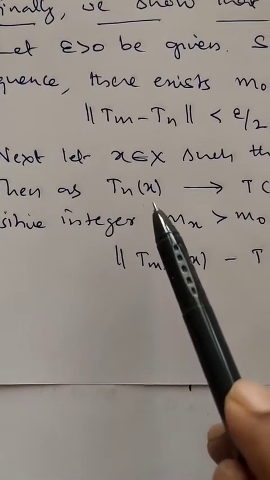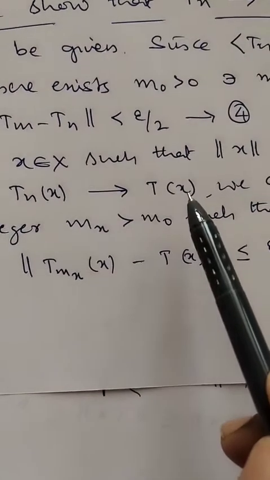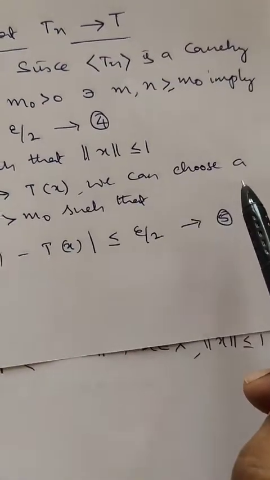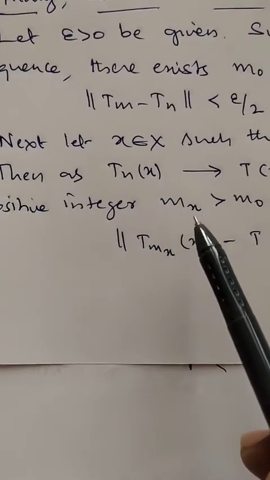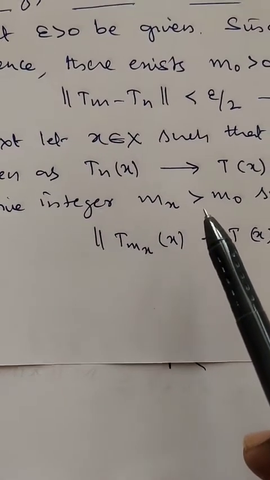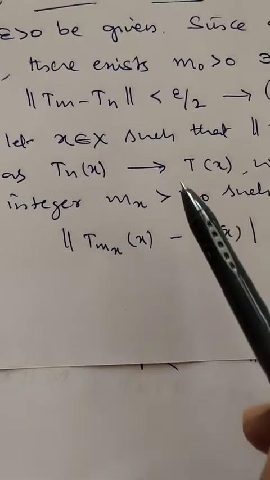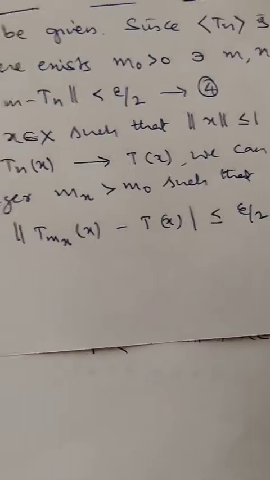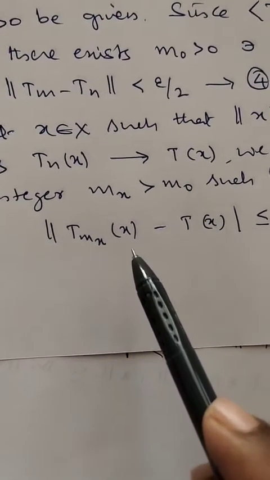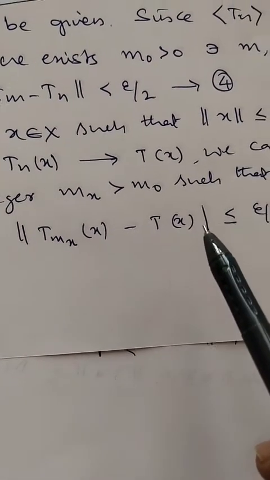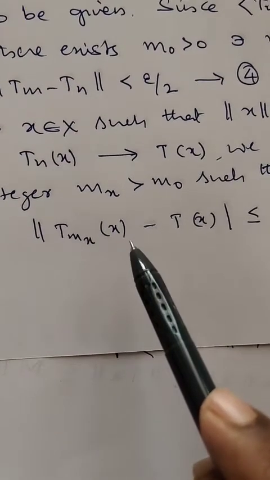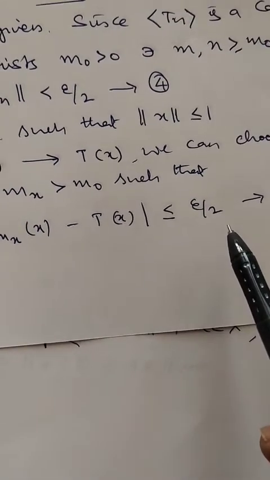Okay, then as Tn of x tends to T of x, we have proved we can choose a positive integer mx greater than m naught such that the norm of Tmx of x minus T of x is less than or equal to epsilon by 2.